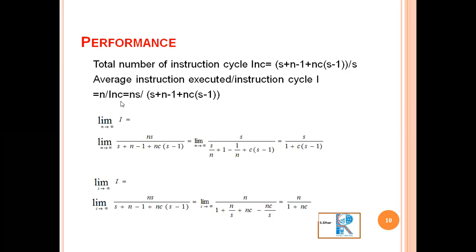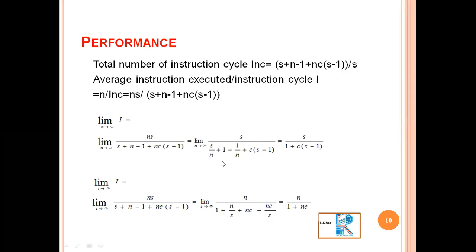Clear? Now if the question is, if the number of instructions is very high, that means it is infinity, what is the limit for the performance? So limit n tends to infinity. Here I divide the numerator and denominator by n.